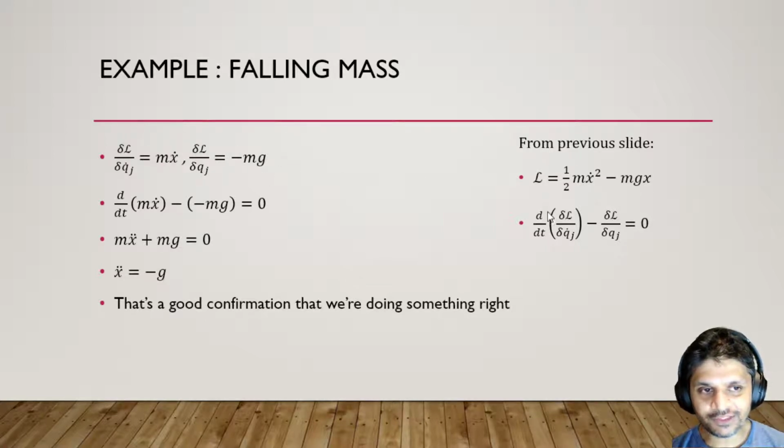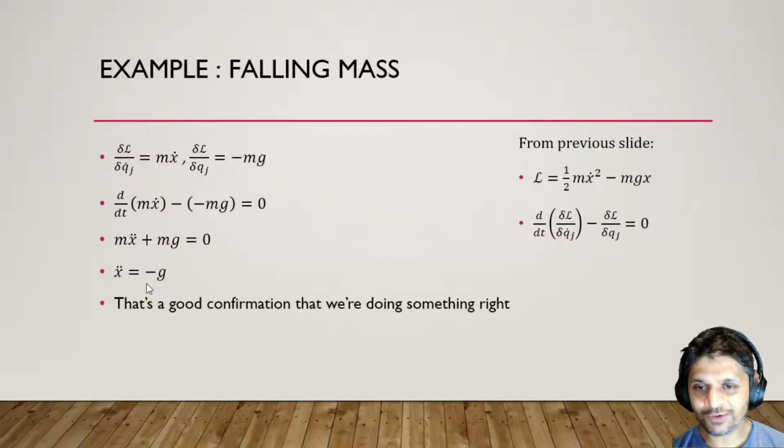But the Lagrangian says that we further have to take this term and find the derivative with respect to time. If we take the derivative with respect to time of m x dot, we get m x double dot. Straightforward. We're taking the derivative of speed and getting acceleration. So we end up with this equation: m x double dot plus mg equals zero. That's the same as saying x double dot equals minus g.